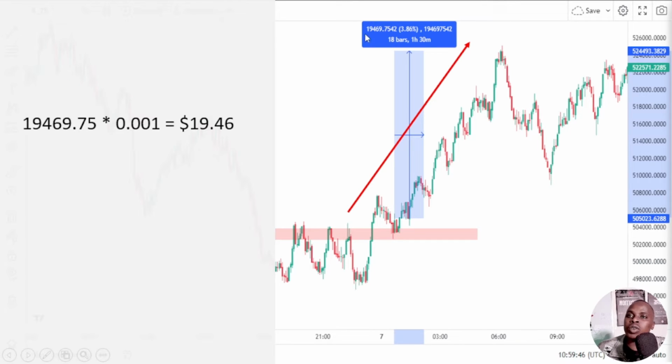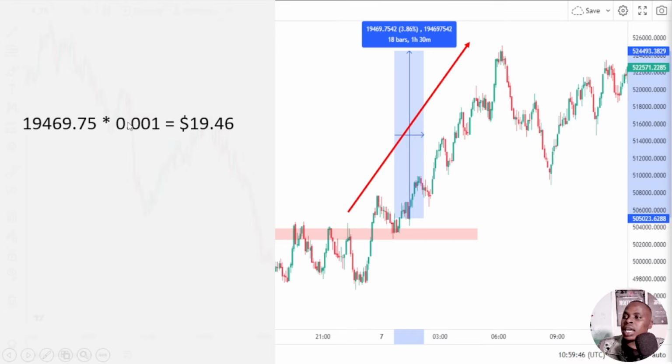And also, if you take this one swing move, and this happened in about 6 hours, starting from 2100 hours to 6 a.m., this move created around 19,469 points, which, if you use the minimum lot size of volatility indices, would give you $19 with a nano lot.